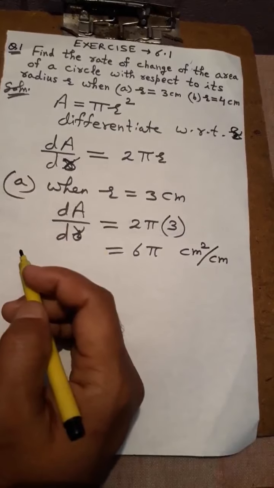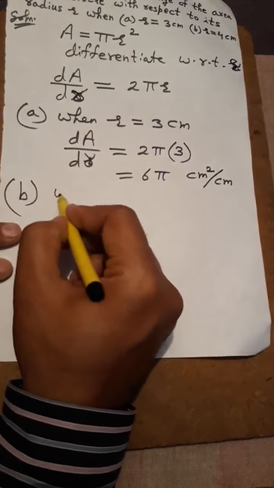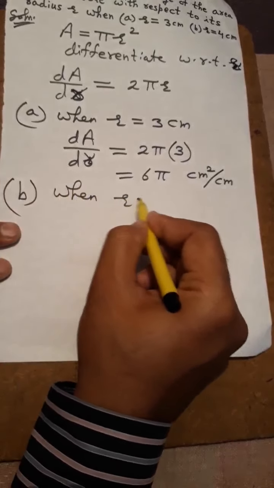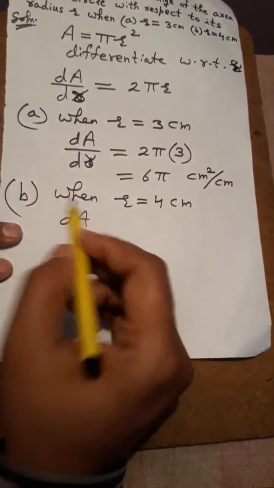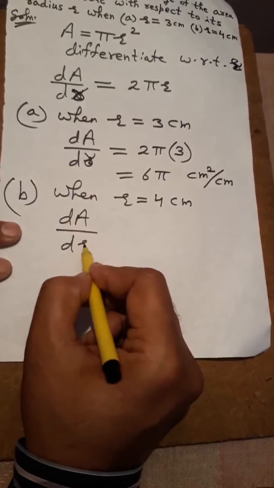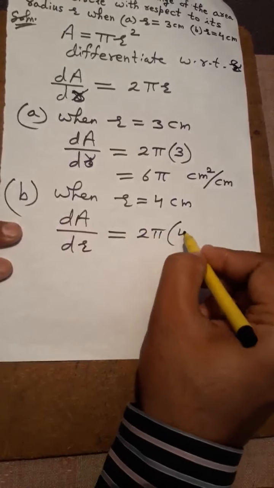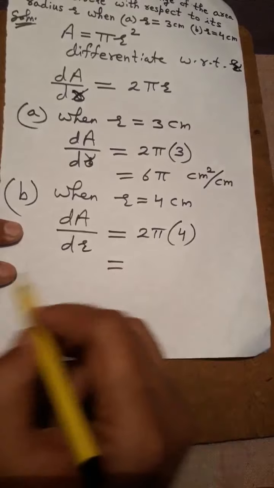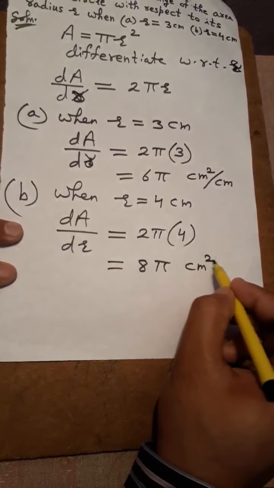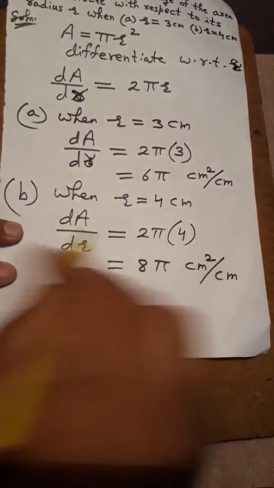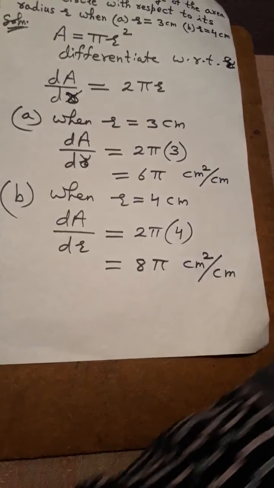Now second part: when radius r is equal to 4 centimeter, then dA upon dr is equal to 2 pi into 4, so its answer is 8 pi and its unit is the same, centimeter square per centimeter. So this is the right answer.